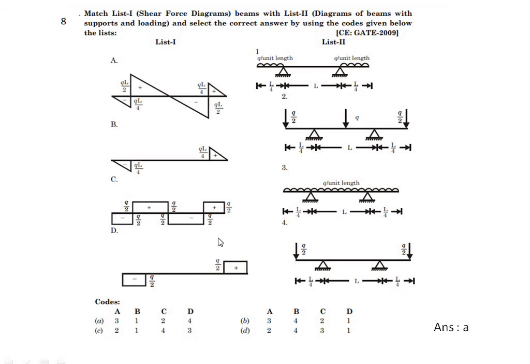And again at this reaction it pushes the curve up, and finally the load pulls it back. So again the values are also matching. See here, Q by 2, and again here a value of Q, so Q by 2 and Q are matching. So for C the answer is again satisfied.